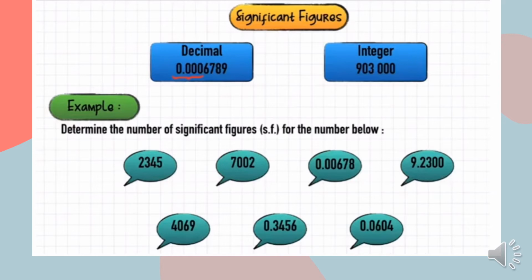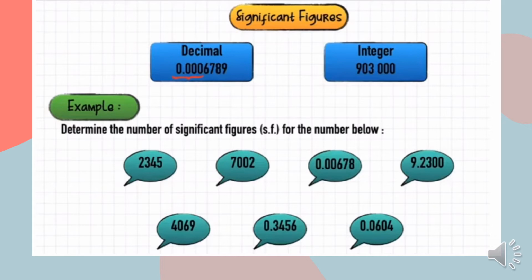Okay, so as you can see, in significant figures we have to deal with two types of numbers. The first one is decimal, and the second one is integer. Today I'm going to show you when we have to deal with the decimal. For example, this one, 0.000679.